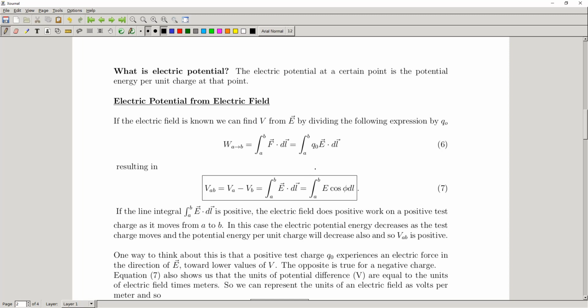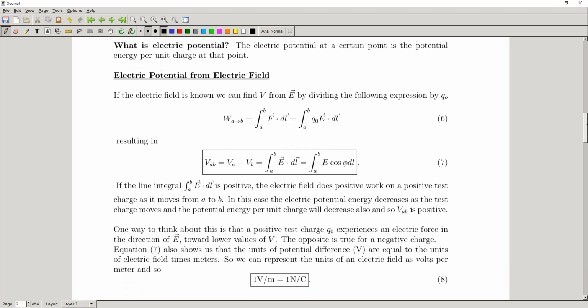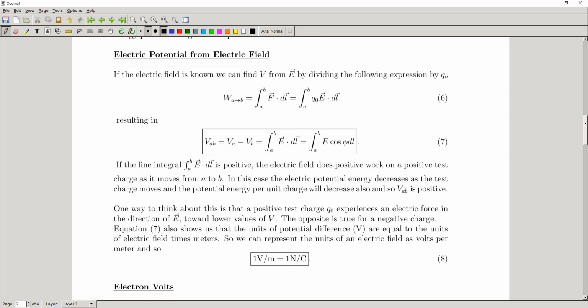Okay, so this is how we would go about using the electric field to find our potential difference between VA and VB, right?